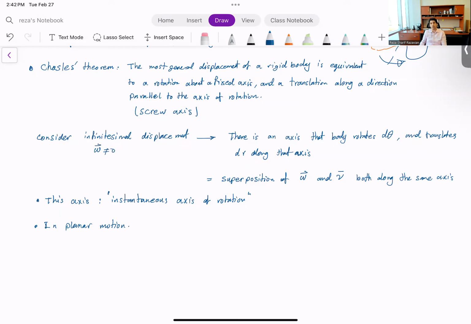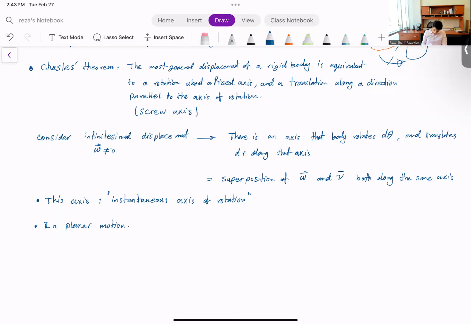So you have some kind of rotation. If you don't have rotation, it doesn't make a lot of sense to have an instantaneous axis of rotation. When everything moves in the same direction, do you call that an axis of rotation? I don't know. I wouldn't.